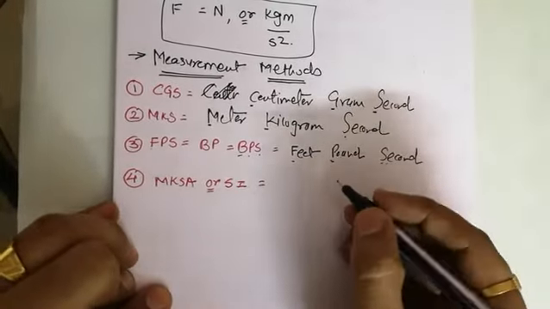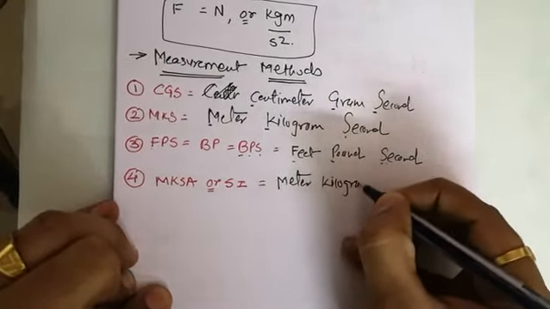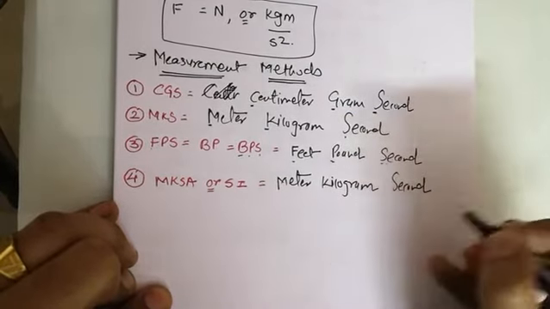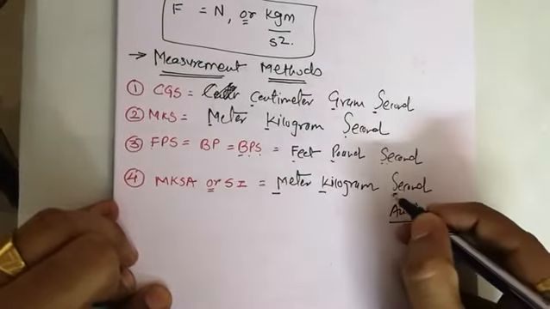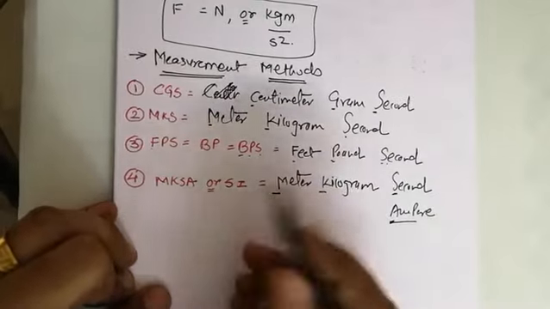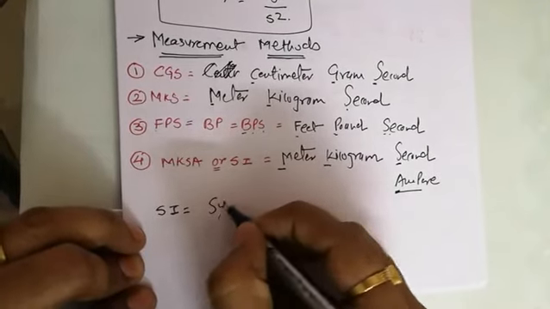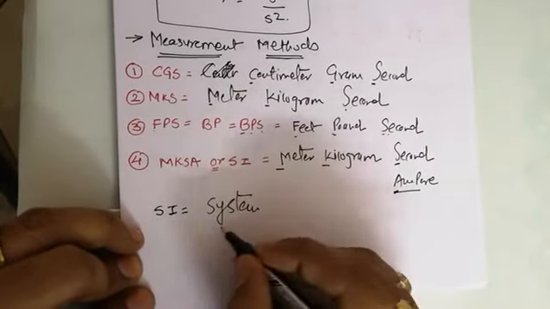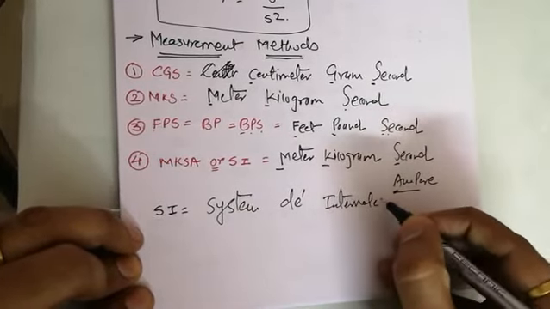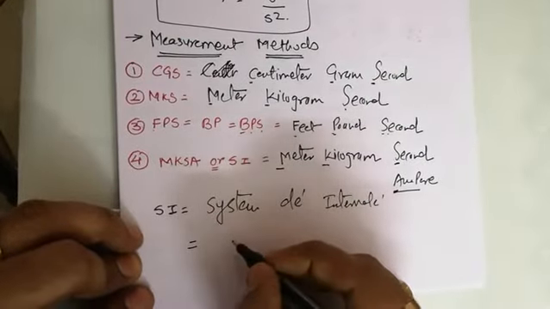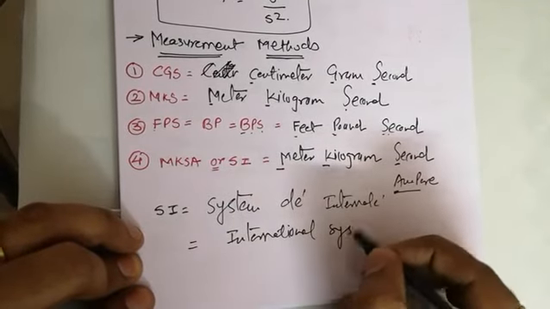MKSA is the meter, kilogram, second and ampere method. So you can say MKS and A method. The common name SI suggests a French accent: it is called Système International, but for our understanding we will just say international system of measurement.